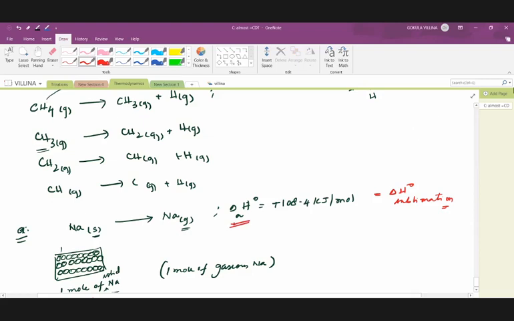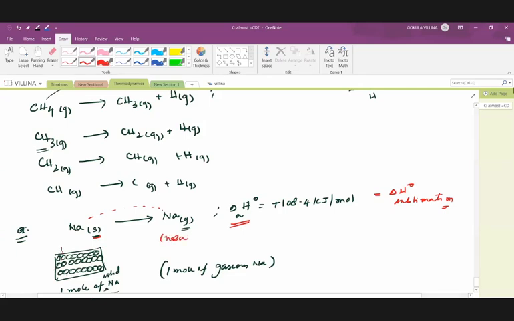So in this example, since the sodium is in solid state, we are converting it into a neutral gaseous state. In the process of converting, we are breaking down the packing. In solid, the sodium atoms will be packed, right? So we are breaking those metallic bonds, and we are getting neutral gaseous atoms.